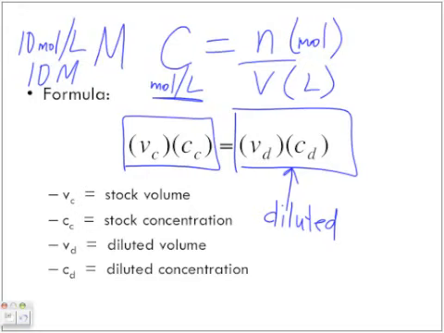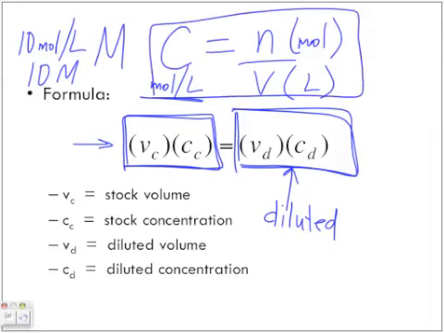Now, how does this equation, C is equal to n over V, relate to the following? What is missing from this equation in both of these? What variable is missing in this equation that's in this?